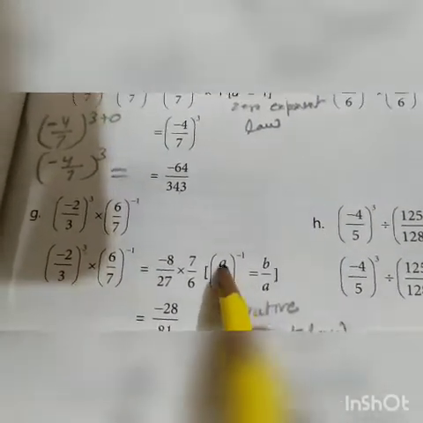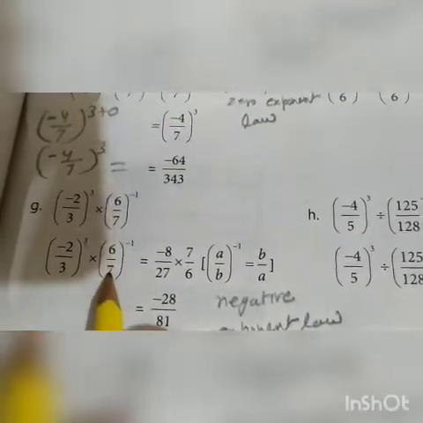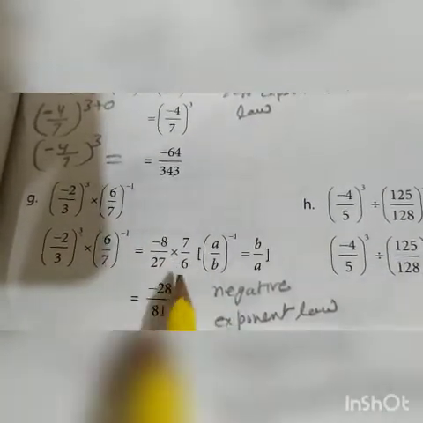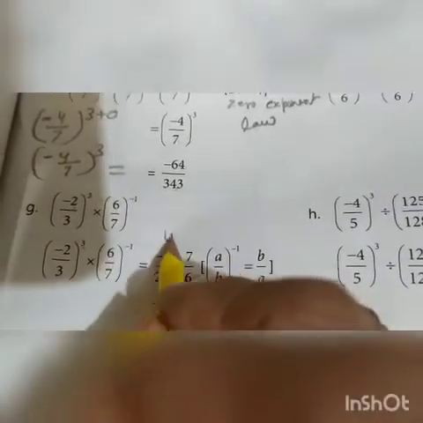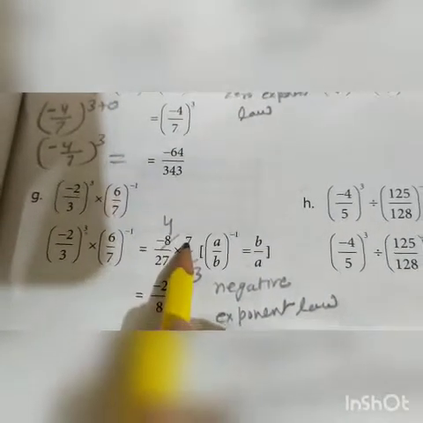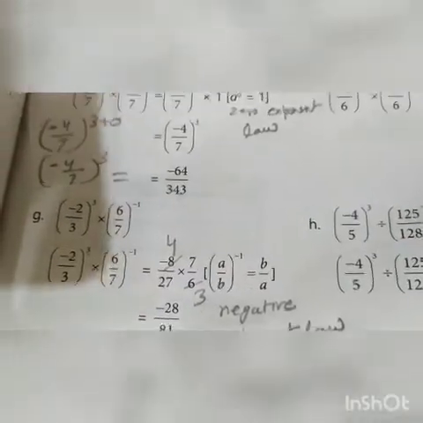Using this rule, (a/b)^-1 is equal to b/a, the value of (6/7)^-1 will become 7/6. Then simplify it. 2 threes are 6, 2 fours are 8, and no more. Then 4 sevens are 28, so -28/27, 3 nines are 81.